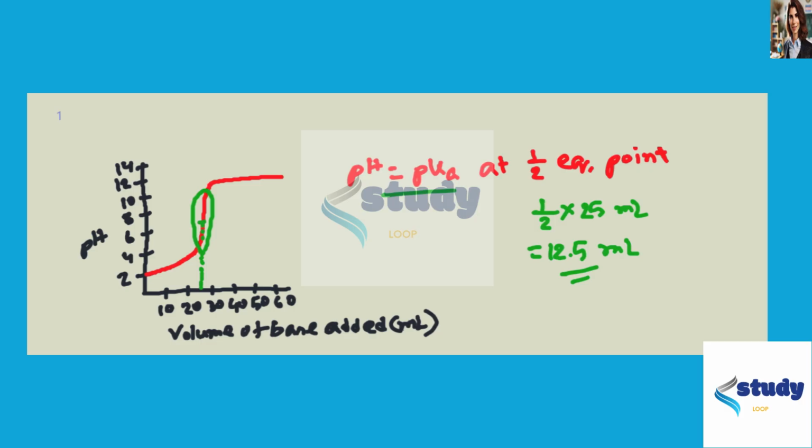So if our 12.5 is somewhere here, we can see that the corresponding pH here will be around 3. So that means that at that point, pH value is 3, and since at half equivalence point, pH is equal to pKa, so the pKa for this acid is 3.